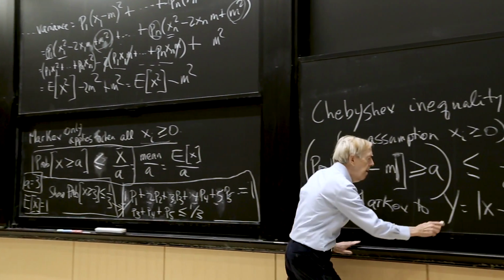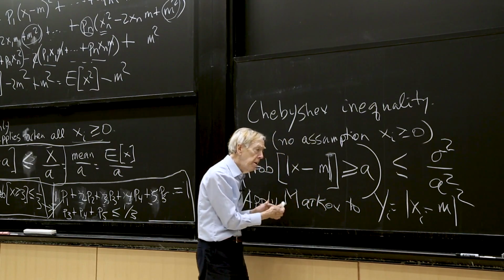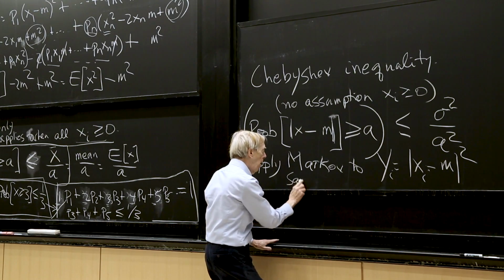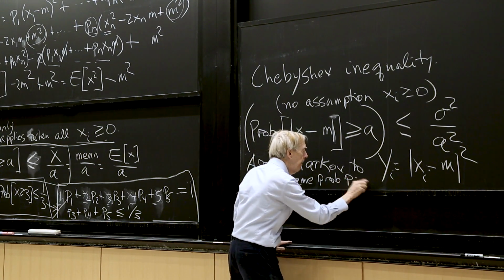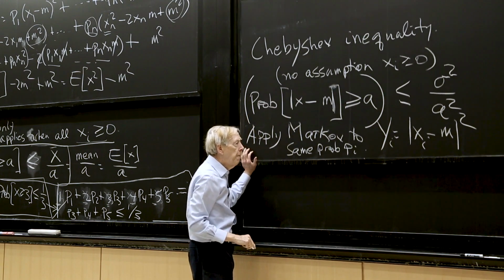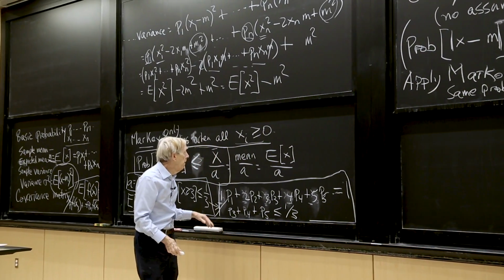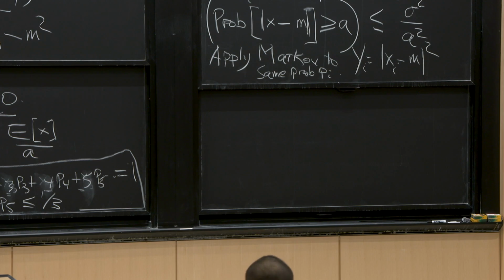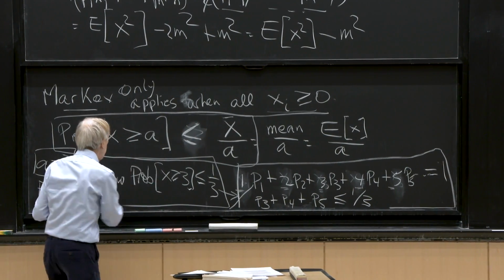So yi is xi minus m, the mean, squared, and the same probabilities, pi. So I'm going to take the y's here instead of the x's, and then apply Markov.